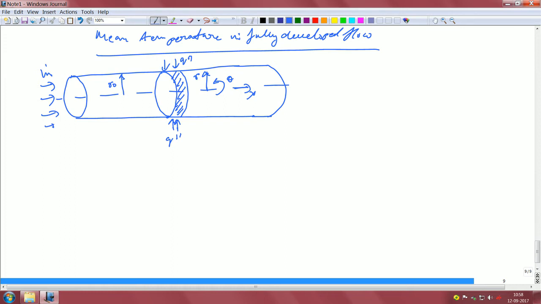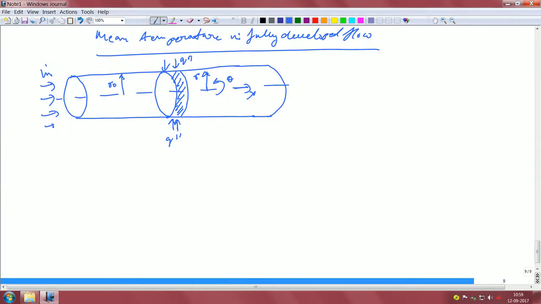There is a net heat transfer that is happening from the wall into the fluid, okay, as it passes through this pipe, and particularly we are interested in this small segment that you see over here, okay. That is what we are most interested in. So, we apply the first law of thermodynamics over here. So, we say that q double prime times 2 pi r naught into dx, where dx is this elemental section, right.